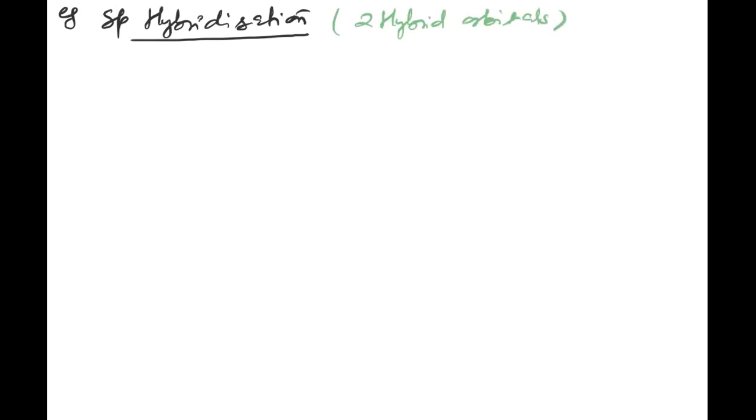In 2 hybrid orbitals, either we can have option A as 2 sigma bond or option B as 1 sigma bond and 1 lone pair of electron.